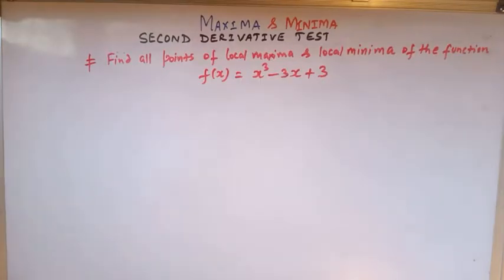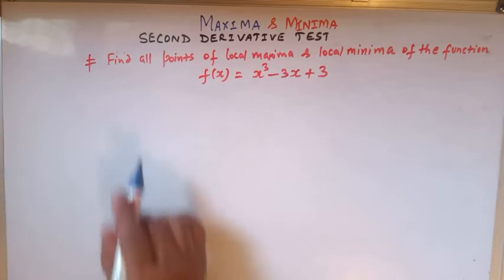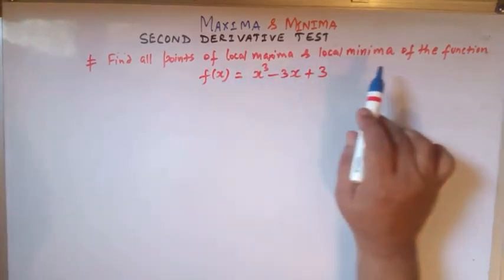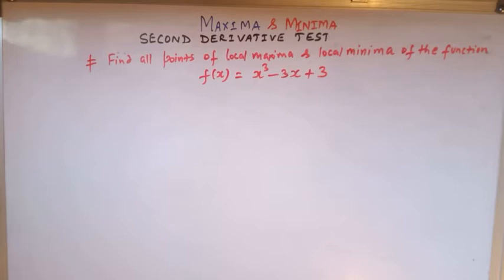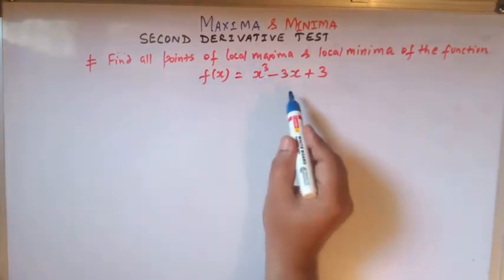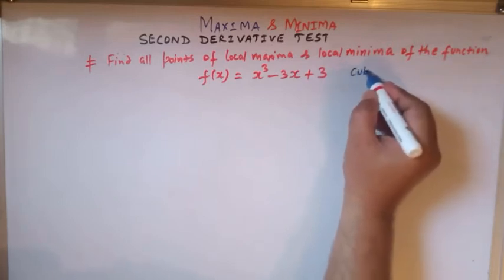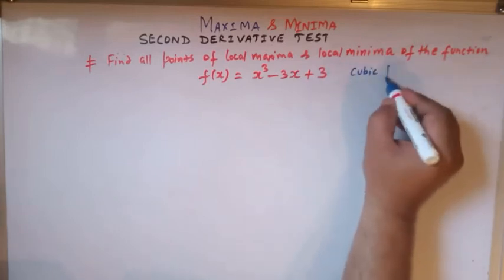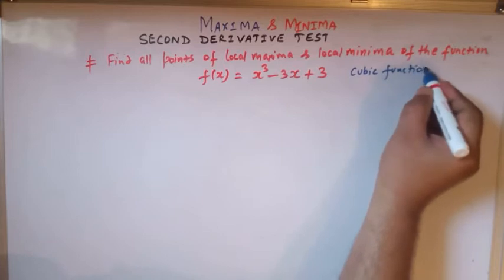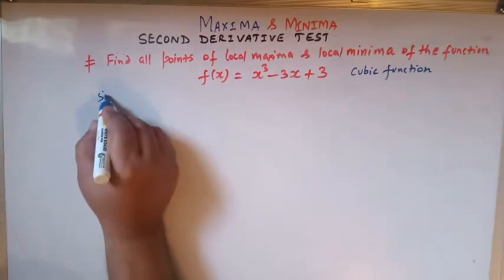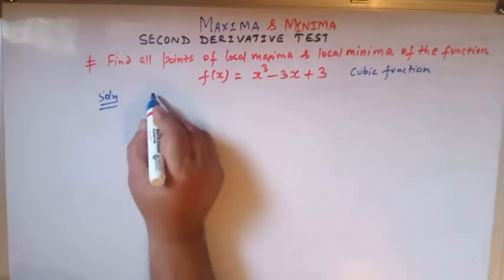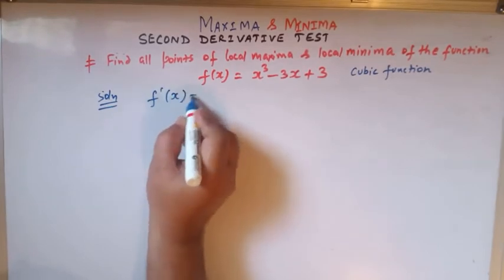Viewers, now the problem is: find all points of local maxima and local minima of the function f of x equal to x cube minus 3x plus 3. Now this is a cubic function. Clear? Now the first step is to find its first derivative.